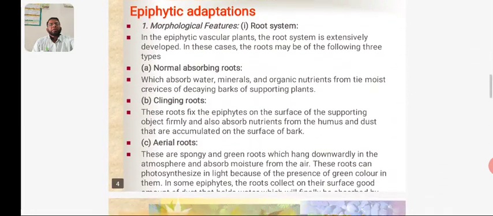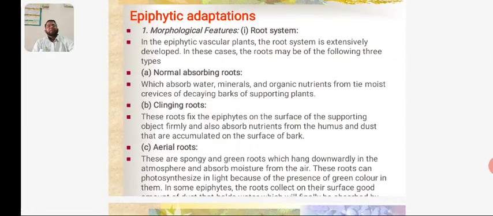See here, epiphytic adaptations, morphological features, the root system in epiphytic vascular plants. The root system is extremely developed. In these cases, the roots may be of the following three types. Number one, normal absorbing roots, which absorb water, minerals and organic nutrients from the host, from the moist crevices of decaying barks of the supporting plant.